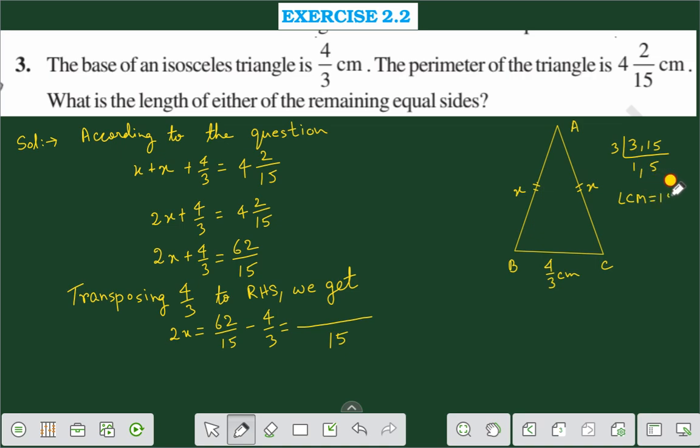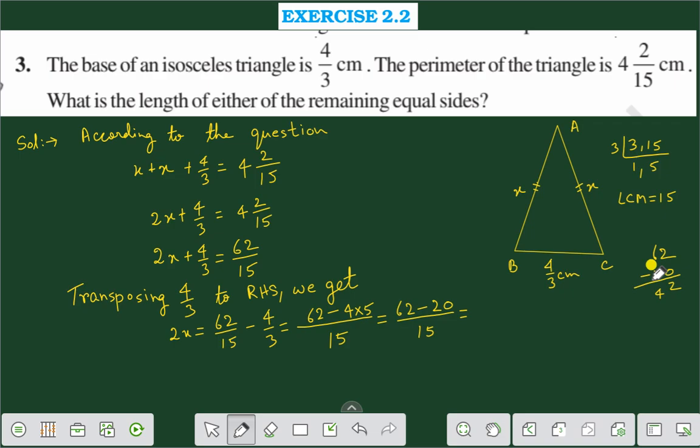You divide 15 by 15, you get 1, that is 62, minus, if you divide 15 by 3, it is 5, that is 4 into 5, that comes to 20. Then you are getting 62 minus 20 divided by 15, and 62 minus 20 is 42/15.